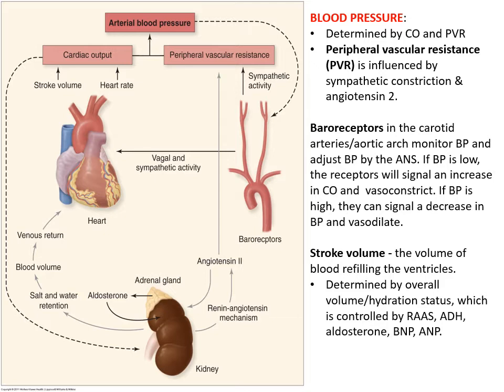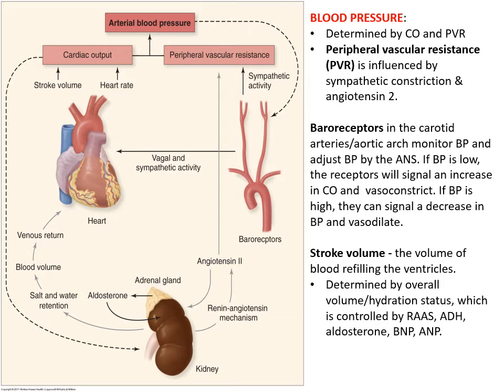So that's going to maintain arterial pressure. The tone or the resistance in the vessels is controlled by the sympathetic system and also the renin-angiotensin system. So angiotensin 2 will keep the pressure up in the system if both of those are activated.